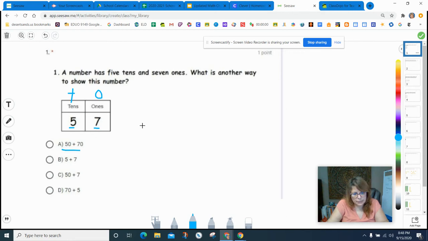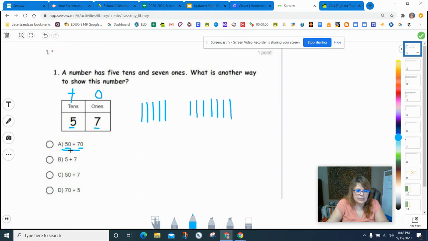I'm going to draw a picture because drawing a picture will help me know if I have only 5 tens or 7 ones. So this is 50. 10, 20, 30, 40, 50, and then this is 70. So I go 10, 20, 30, 40, 50, 60, 70.